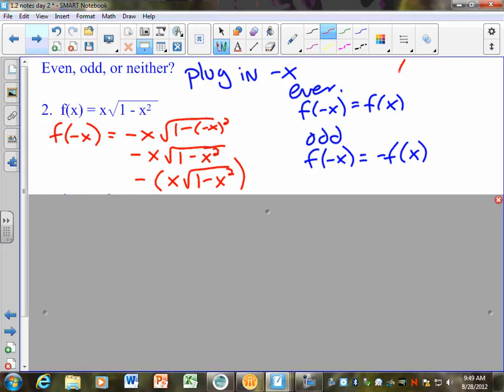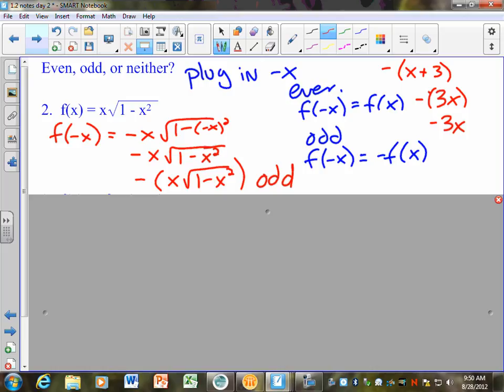If you have negative x plus 3, you have to distribute that negative to both things. This is not addition, this is multiplication. If you have negative 3 times x, you don't give that negative to both the 3 and the x, you would just write negative 3x. Right? There's a big difference there between taking a negative out of addition and taking a negative out of multiplication. This is exactly the opposite of what we started with, which means this is an odd function. Which means if you graphed it, it would be symmetric with the origin.